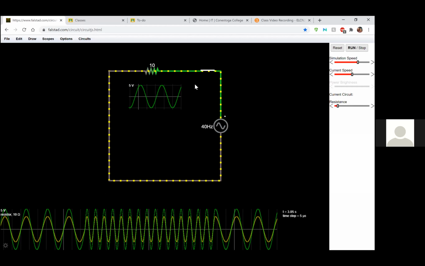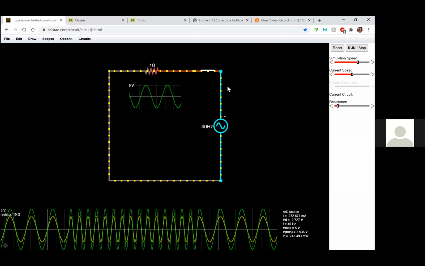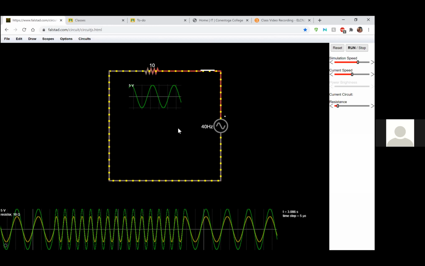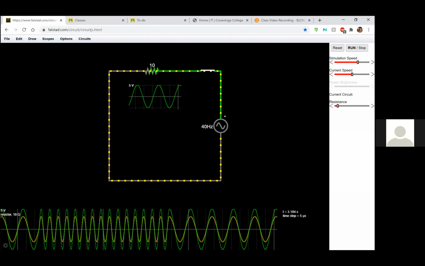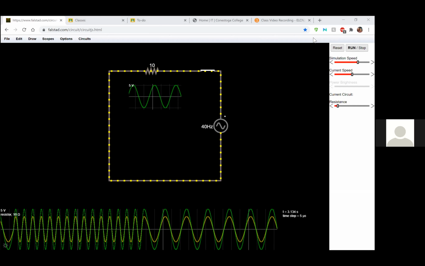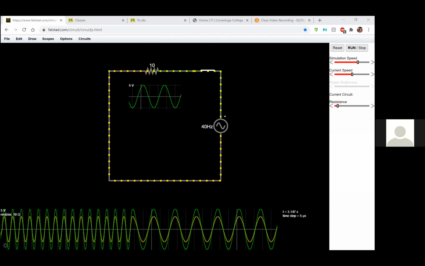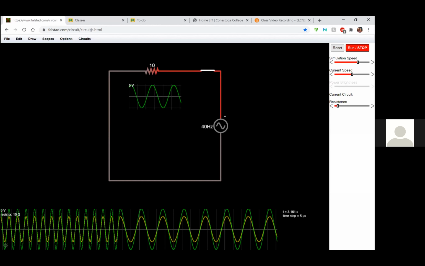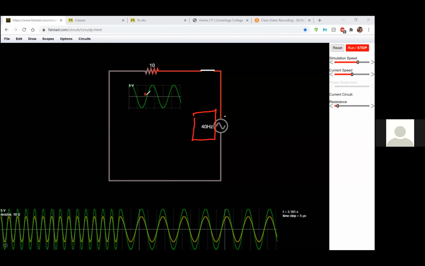Okay, so now what I want you to do, guys, is the following. I'm going to stop the simulation. And I want you to determine the following in this case. Knowing that you have a frequency which is equal to 40 hertz, I want you please to determine the period of the sine wave.